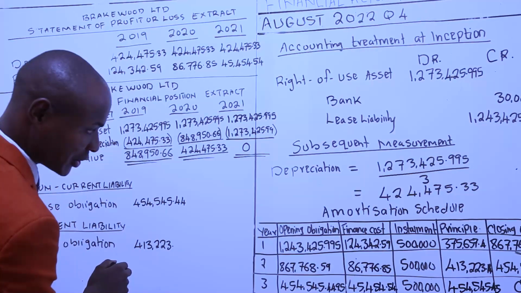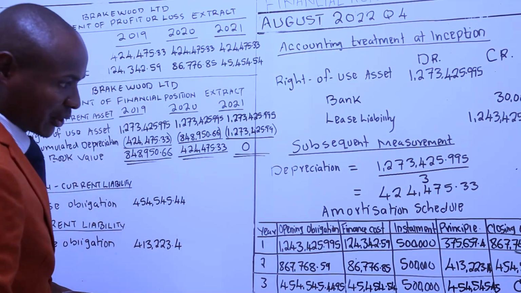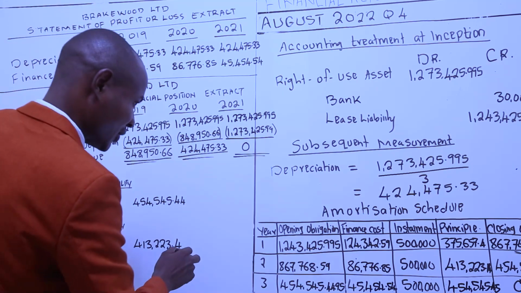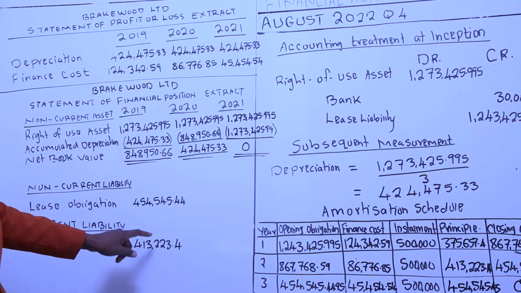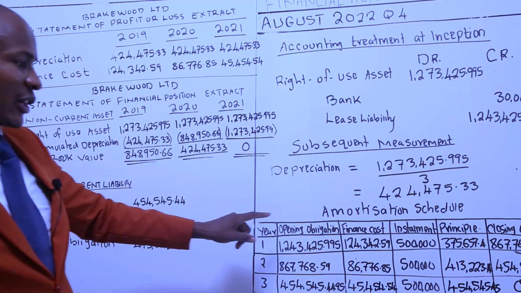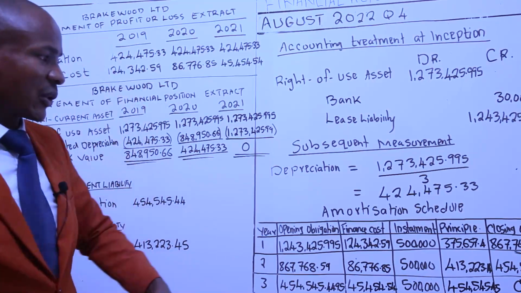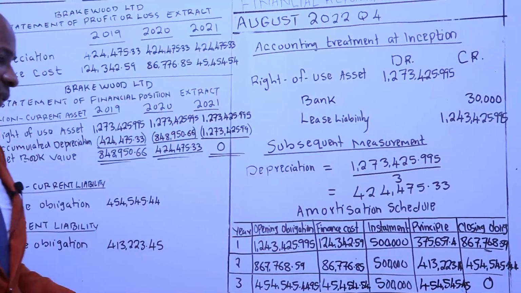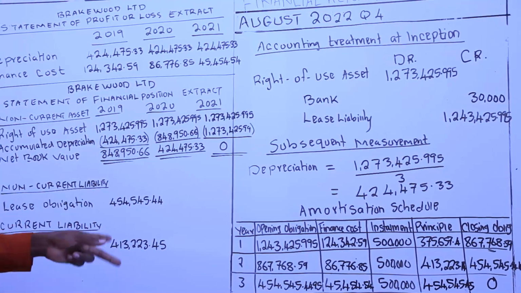If you add these two, you are going to get the obligation of 867,768.